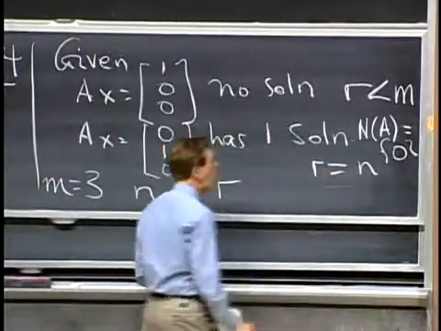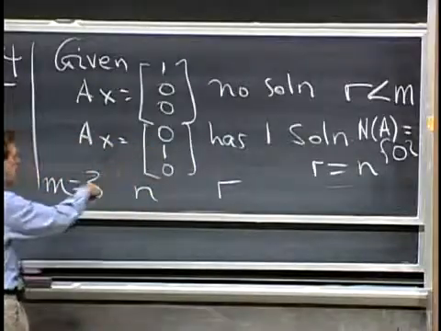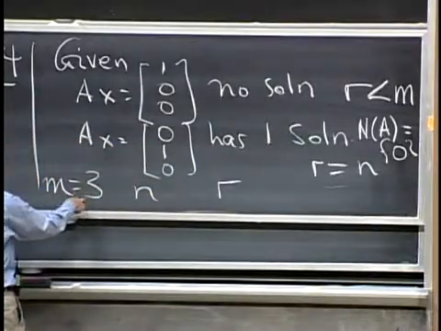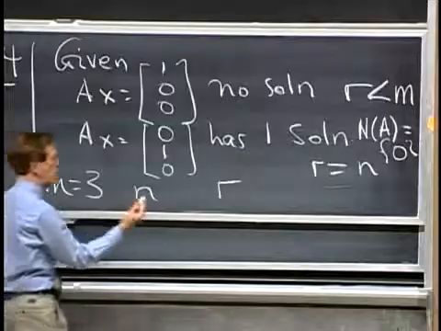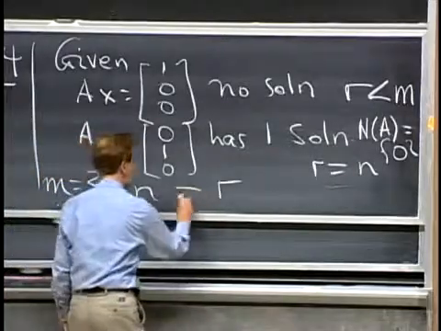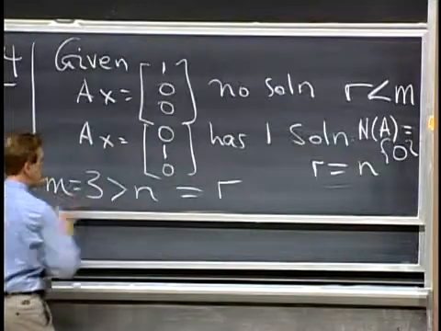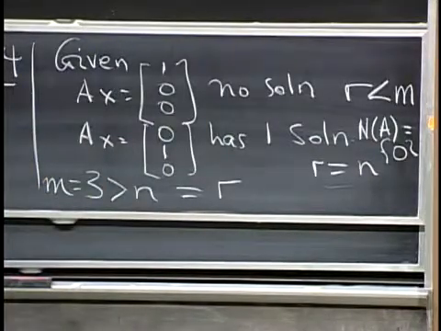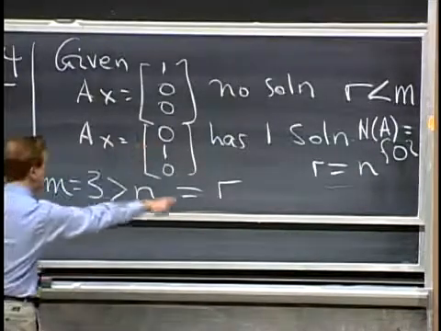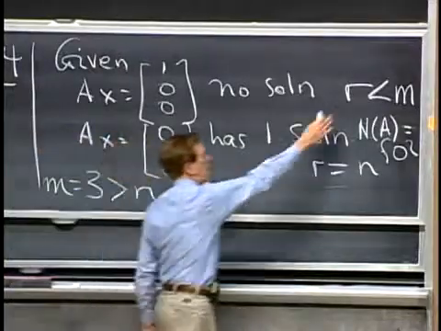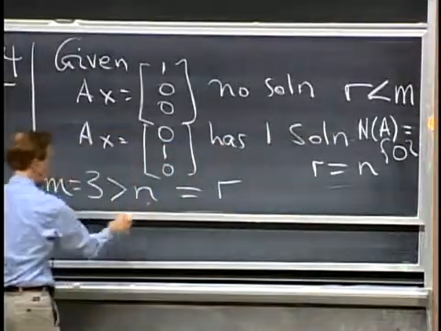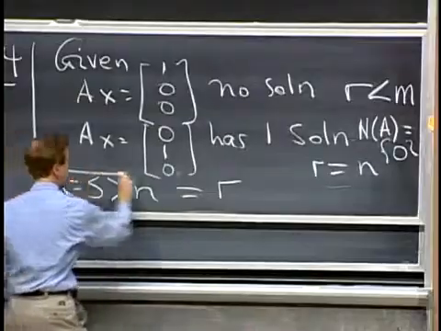So I've got now R equal N and R less than M, and now I also know M is 3. So those are really the facts I know. N equals R, and those numbers are smaller than 3. I guess this summarizes what we can tell.